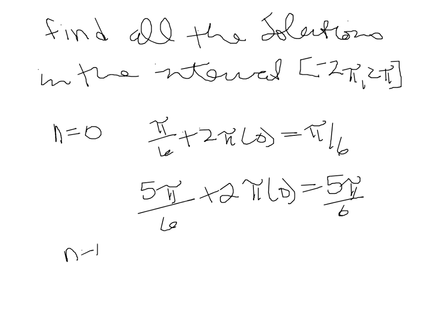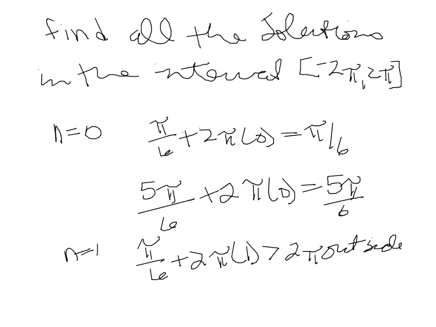We let n equal 1, pi over 6 plus 2 pi, but because this is 2 pi, a little bit more is going to put me past the end. So this is greater than 2 pi, so it's outside the interval. So we don't include that one.